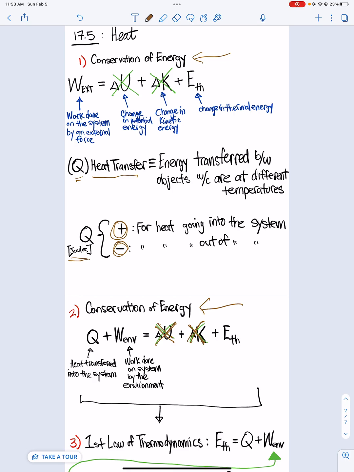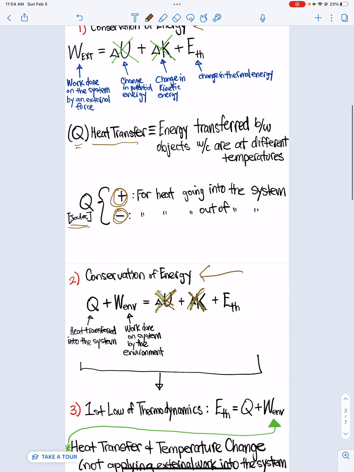And what we're left with is the first law of thermodynamics, which is this: the change in thermal energy is equal to the heat transferred into the system plus the work done on the system by the environment.